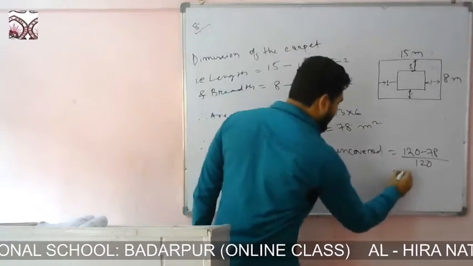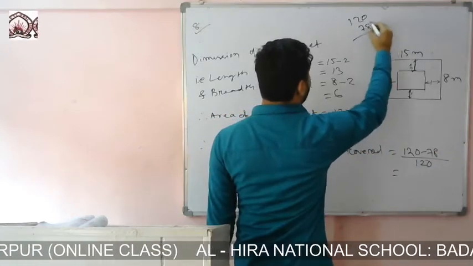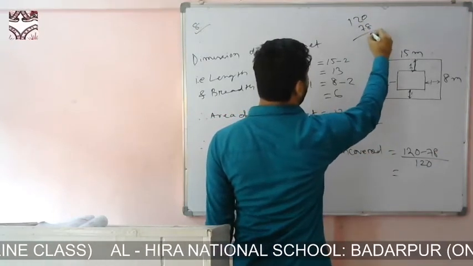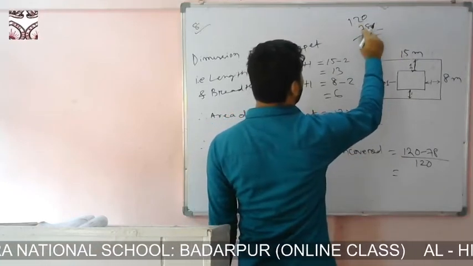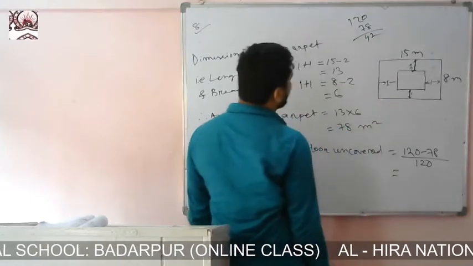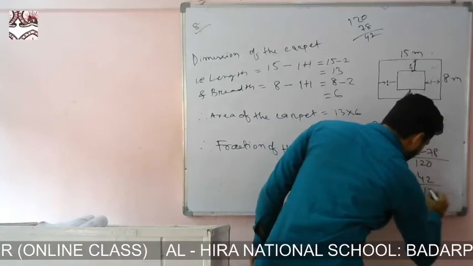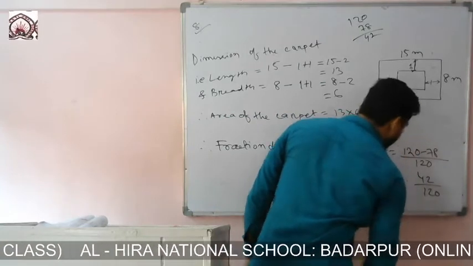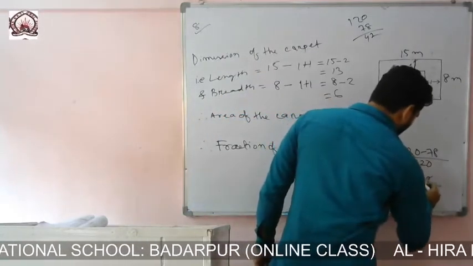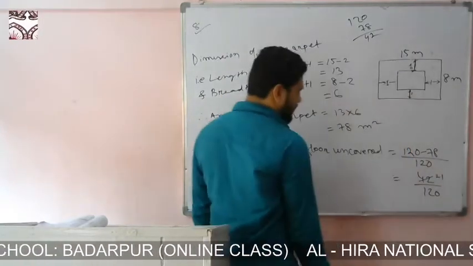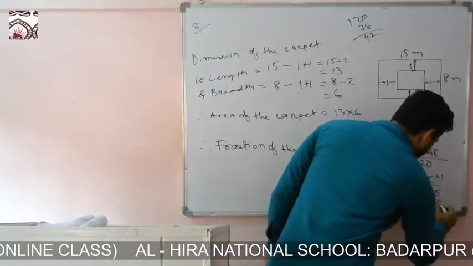Okay, now if you subtract 120 and 78, you get what? Here 10 minus 8, what? 2. Here I made 11, so 11 minus 7, 4. Here I made 0, so you can write 42 by 120. Okay, 42 by 120. Now if I cancel, then you see 2 2s are 4, 2 1s are 2. Okay, then 6 2s are 12 and 0.